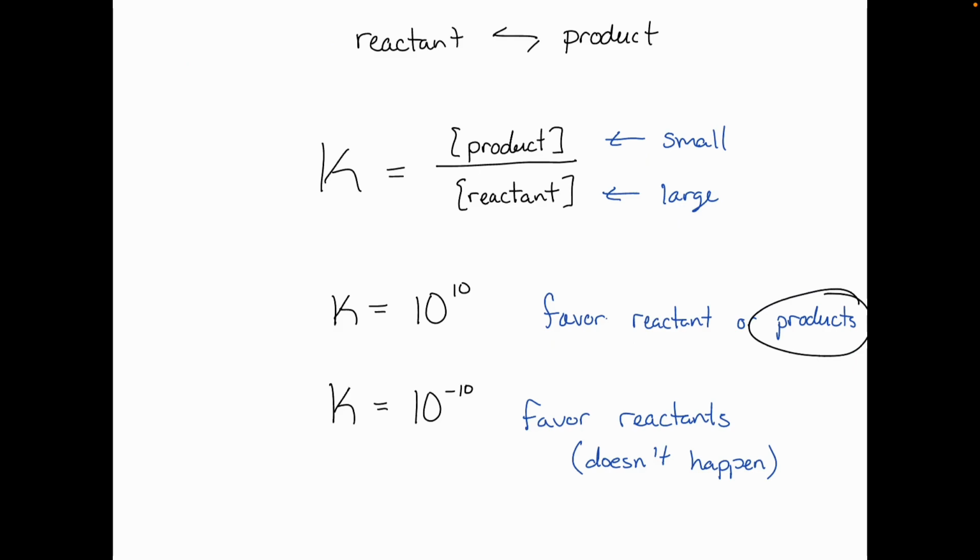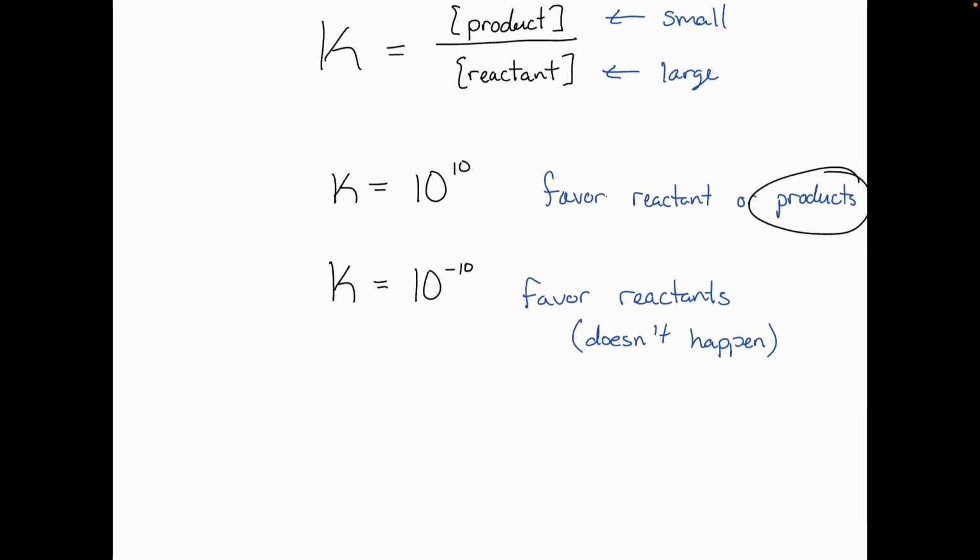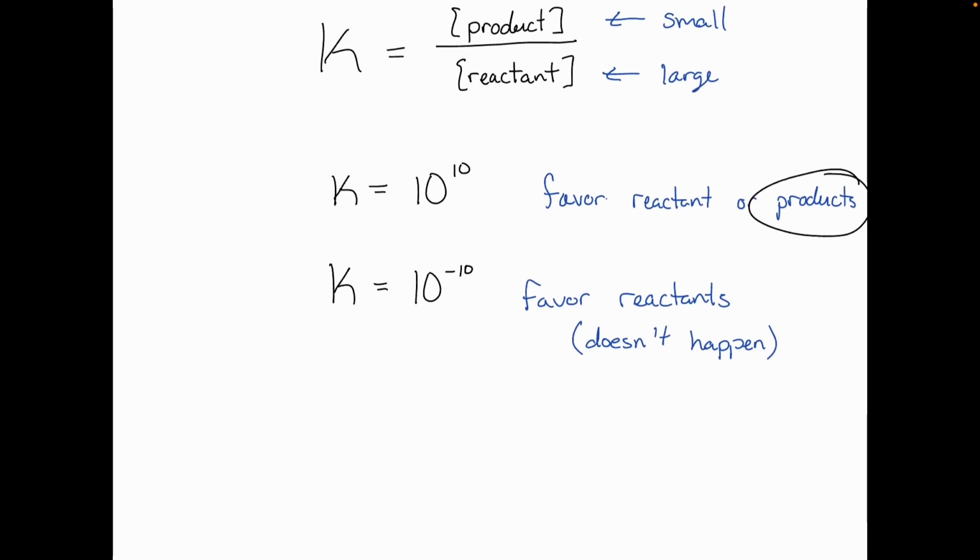Okay? So we can kind of have this little range with regard to K. Okay, generally speaking, we sort of use these rough numbers here. We say that if K is between 10 to the negative 3 and 10 to the positive 3, this is what we would call that dynamic equilibrium range, when there's an appreciable amount of both reactants and products in that solution or in that mixture.